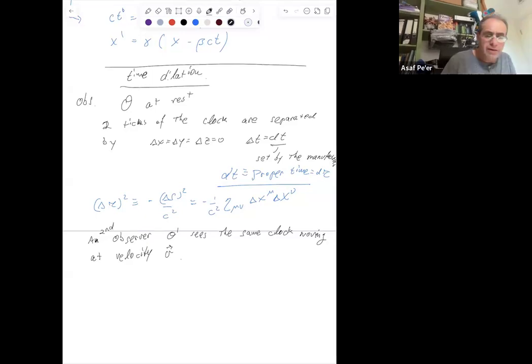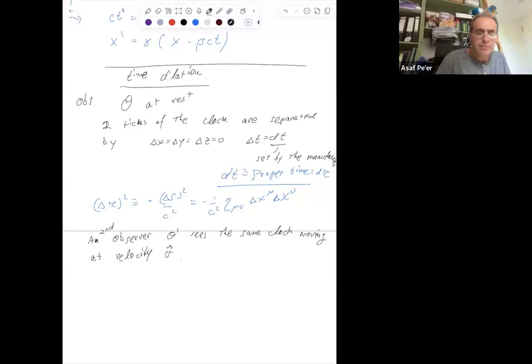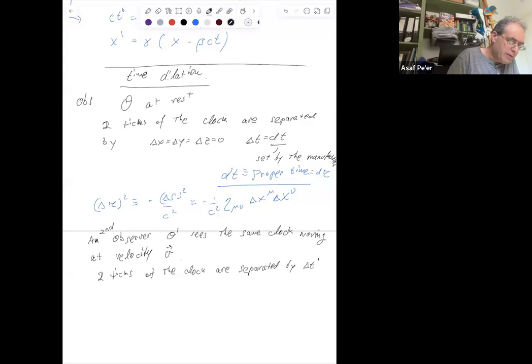Now, of course, according to your system, what you see, the 2 ticks of the clock are separated by delta t prime.